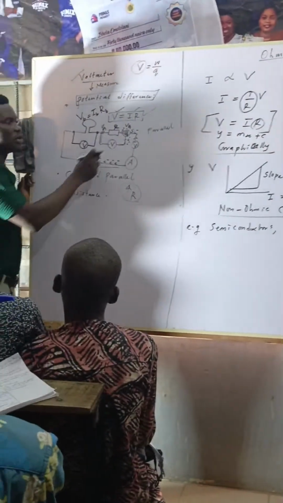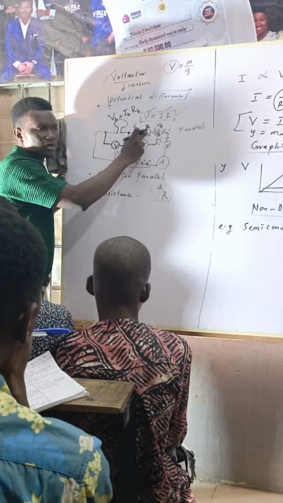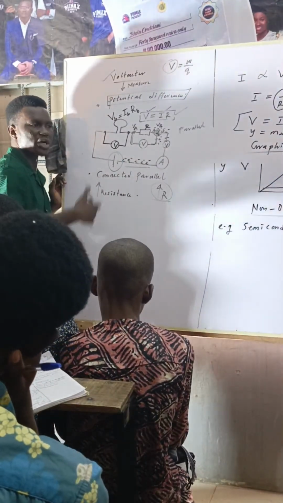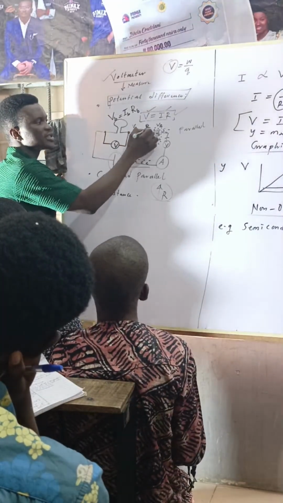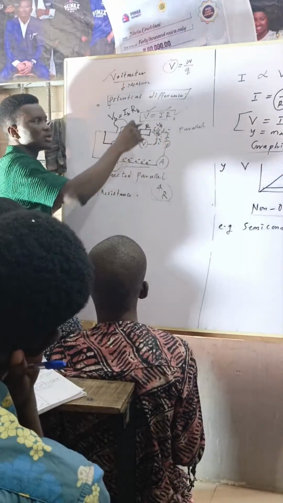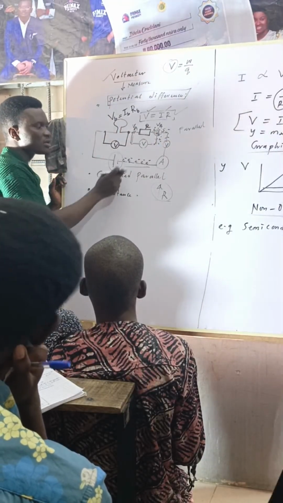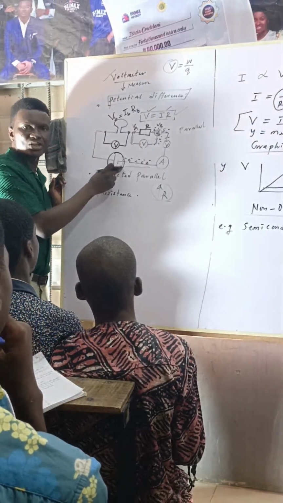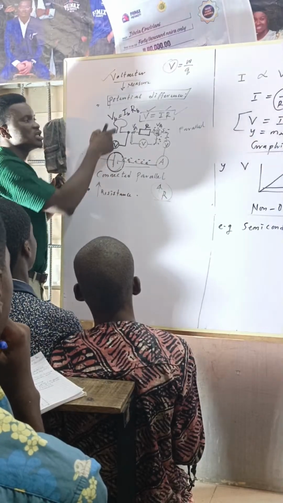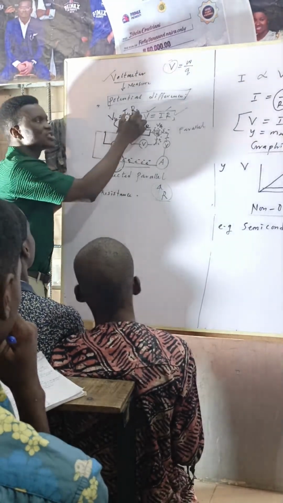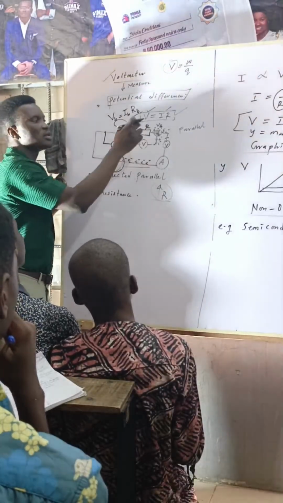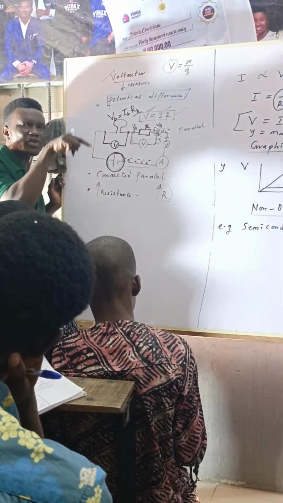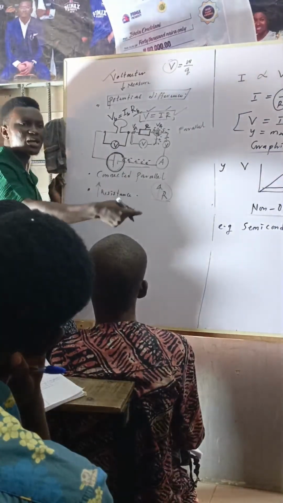It's not everything that current will just flow through, so every material to some level has its own resistance. Electrons want to flow through this, but there's a bit of resistance. Anything connected to the battery is called external. Anything that has to do with the battery is called internal. So this bulb has its own resistance, and it will be addressed as external resistance. This one has its own resistance, and it will also be addressed as external. But if I'm talking about the resistance of a battery, then that is internal resistance.